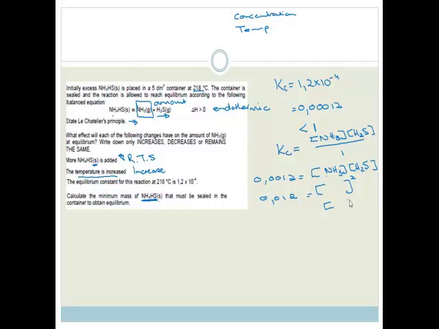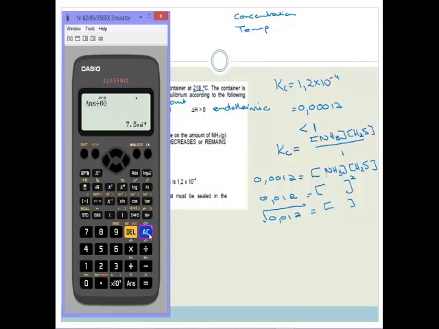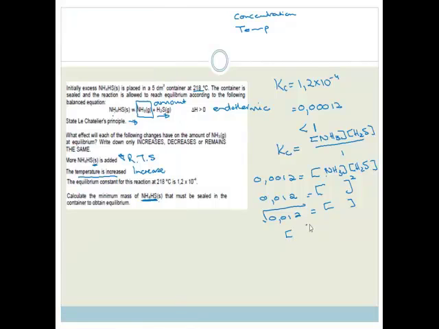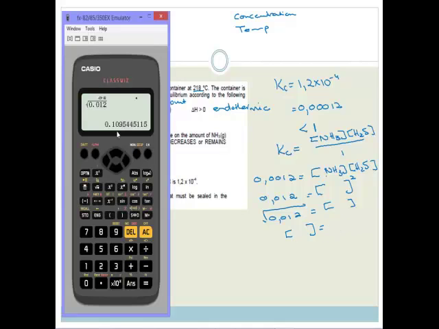Therefore, the concentration of this is going to be the square root of 0,00012. So we can get out our calculator and square root it. So the concentration of the gases, each of them, is 0.011.